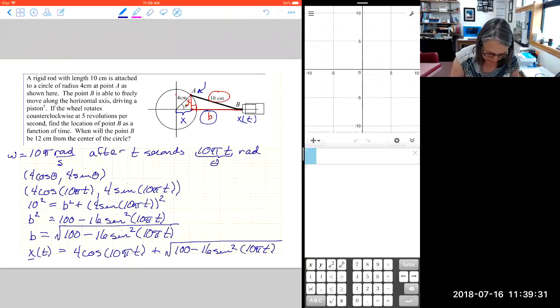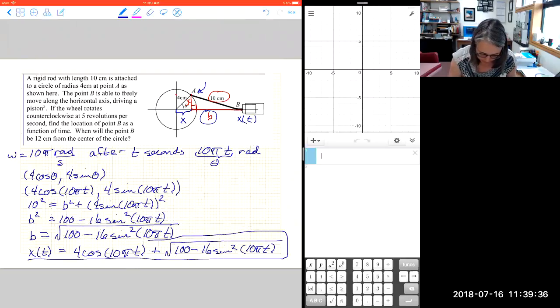Okay, that's my equation that describes the movement of my rod.